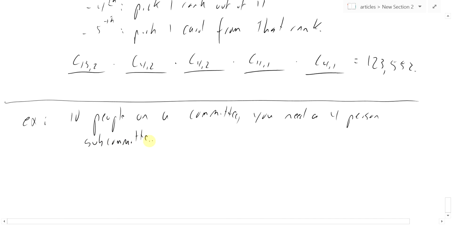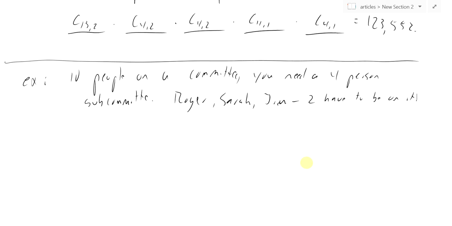But you know that two of these people, Roger, Sarah, Jim, have to be on it, but not all 3. So how many different ways are there to put this together?